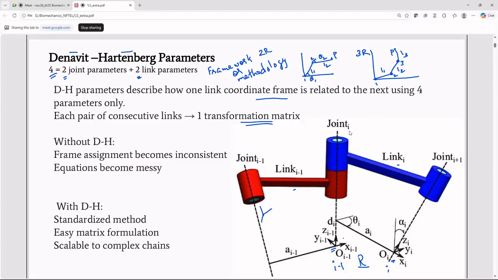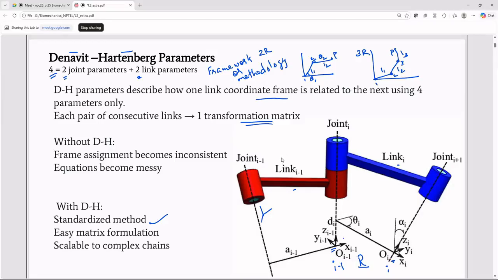So with these Denavit-Hartenberg parameters, we can standardize the method for analysis of the frames, and convert the relation between the links into matrices.